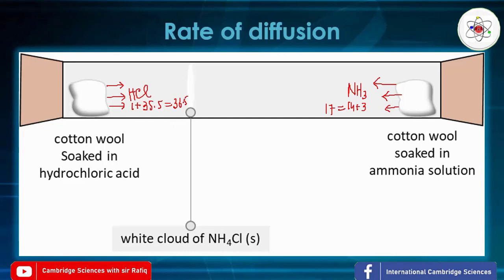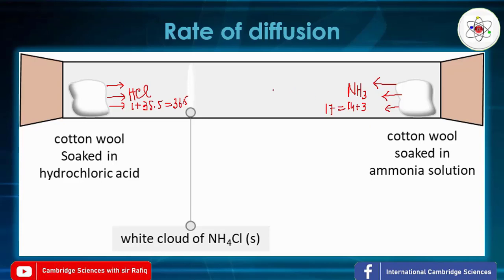We clearly see that the Mr, or relative molecular mass, of hydrogen chloride is more than twice that of the ammonia particle, right? So obviously, lighter particles, if you consider a race in athletics or a competition, the lighter, slim athlete runs faster, right? Similar is the case here: lighter particles diffuse faster.